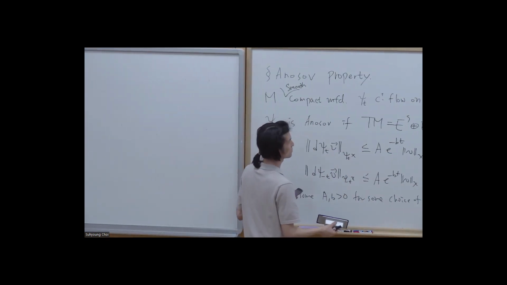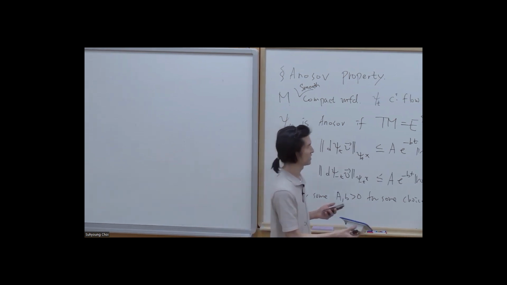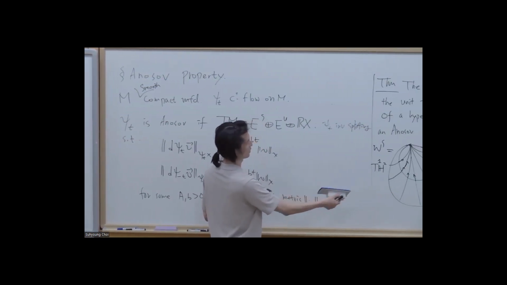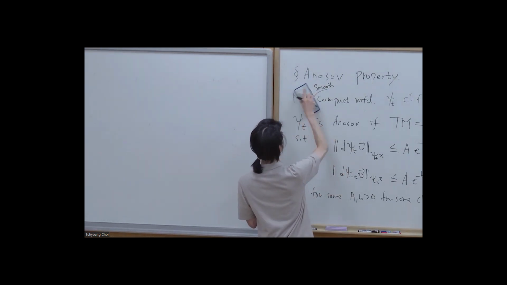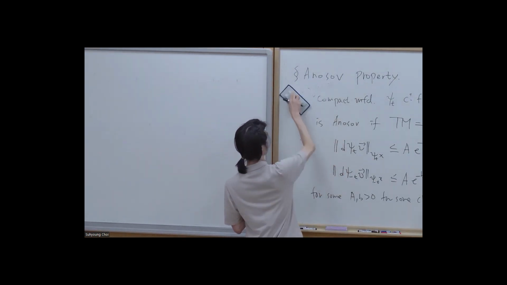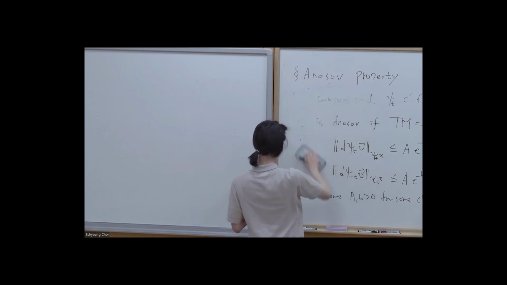An Anosov representation is basically a representation that preserves this kind of contraction and dilation property. So let me give you a precise definition for it.